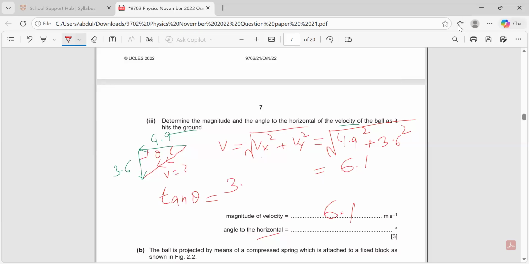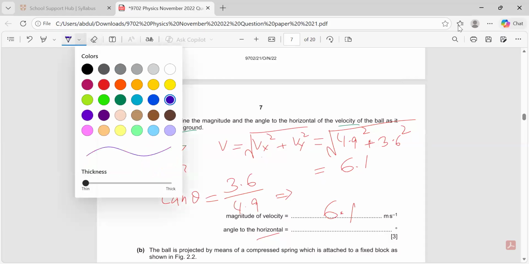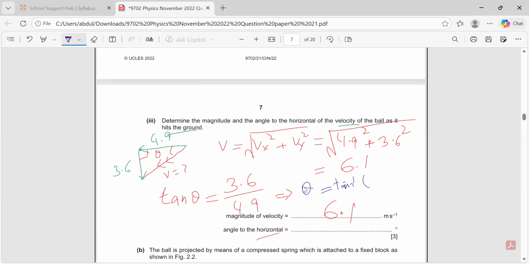Opposite is 3.6, and adjacent is 4.9. So theta is equal to tan inverse of 3.6 over 4.9, and the answer comes to be 36 point something. To two significant figures, 36 degrees. I think it is 36.3. So in this way, we can calculate the angle also.